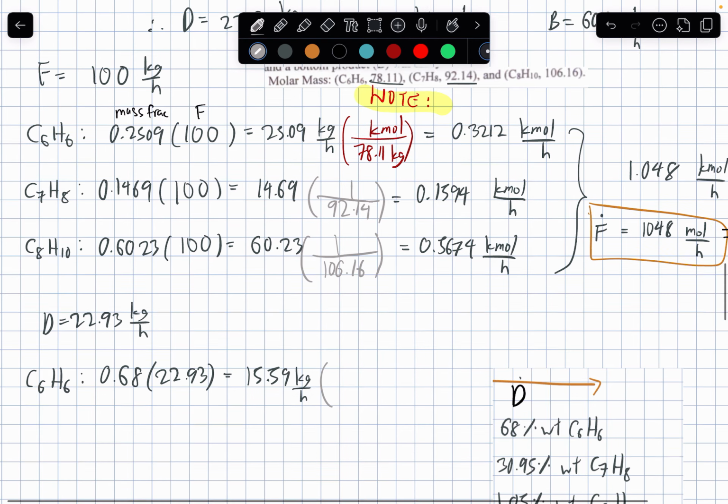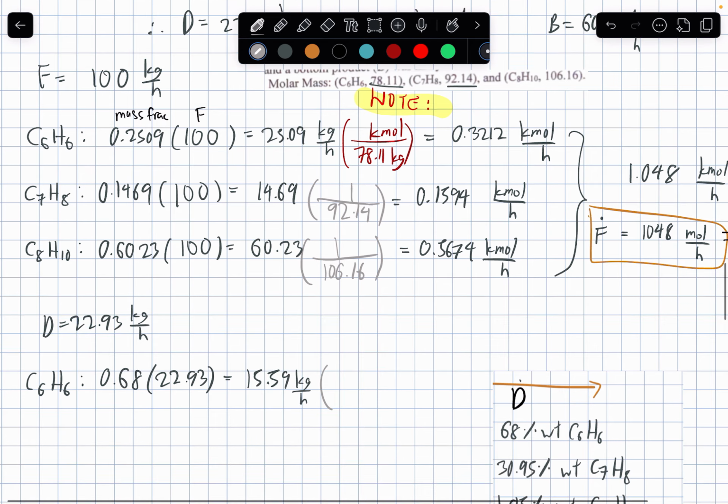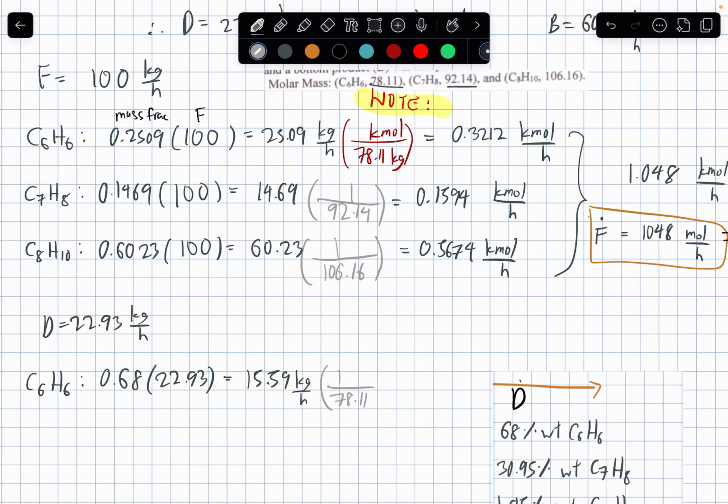Divide by the molar mass. K-mole per hour is what we get.